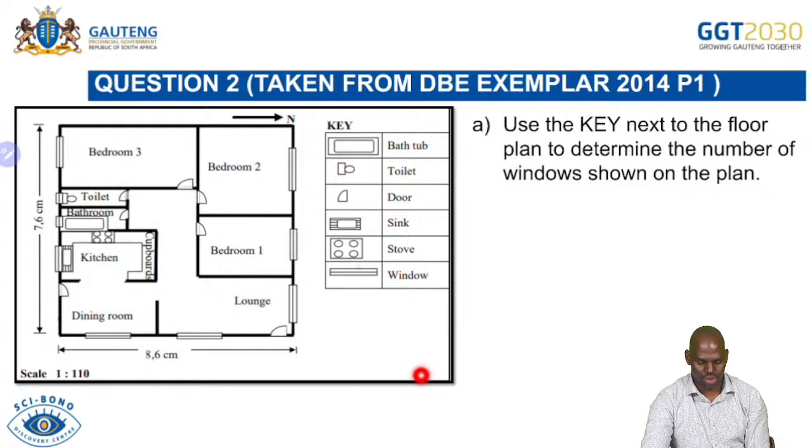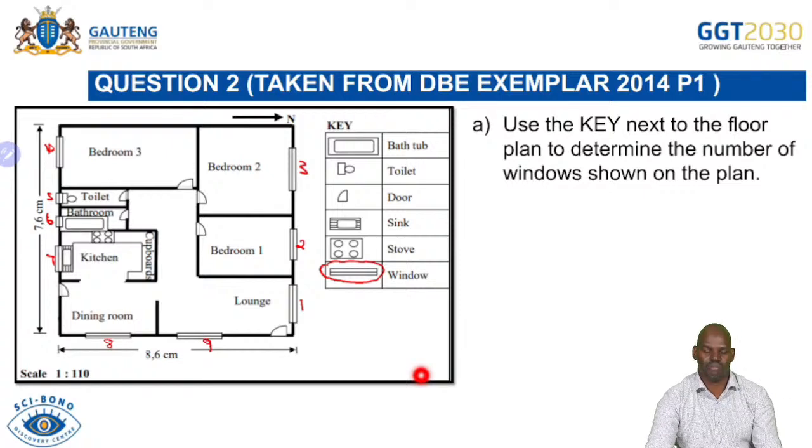The number of windows, so if you see a symbol like this one, you must know that it represents a window. Now if we check, this will be the first one, 1, 2, 3, then 4, 5, 6, 7, 8, 9.